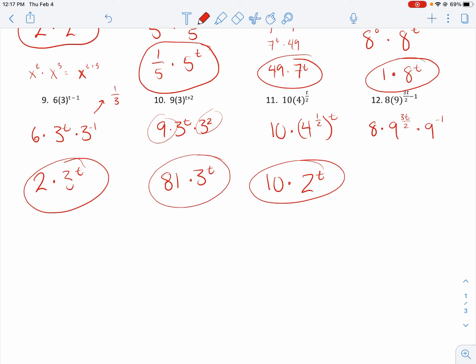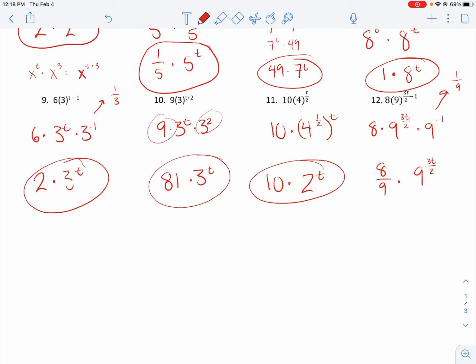That's your first step. You want to make sure that you're not doing anything with that 3^t until we get all of these operations dealt with. In this case, we've got a negative 1 there, so let's break that up. Remember, this is just 1 over 9. I'm just going to move that to the front. So I'm going to have 8/9 times this mess right here.